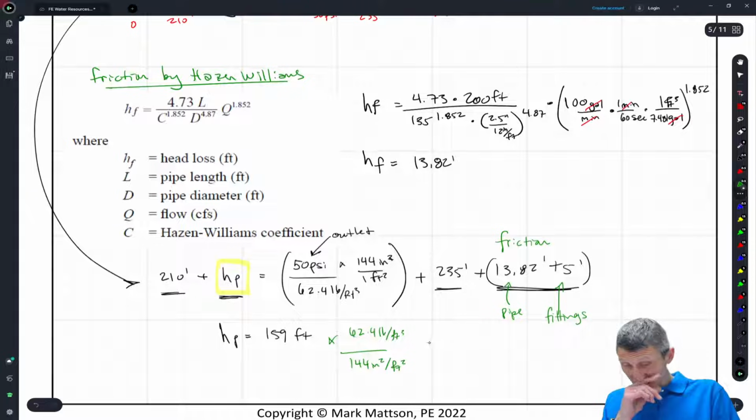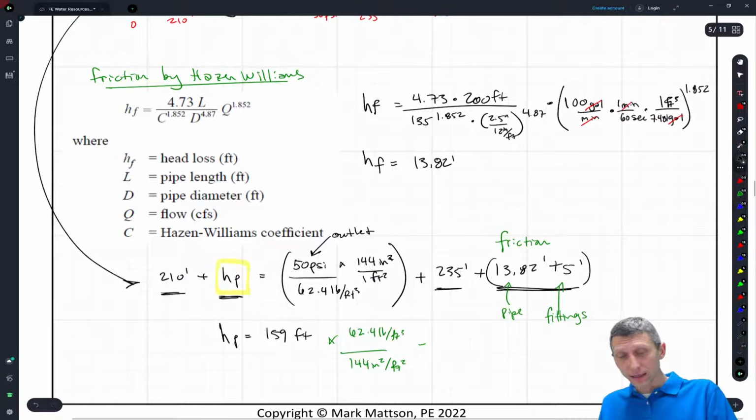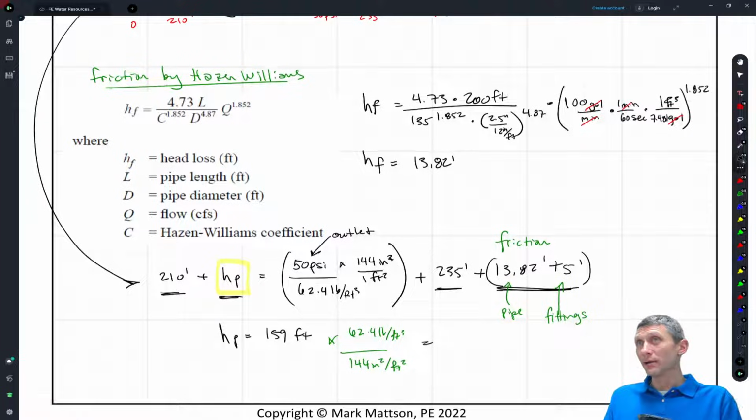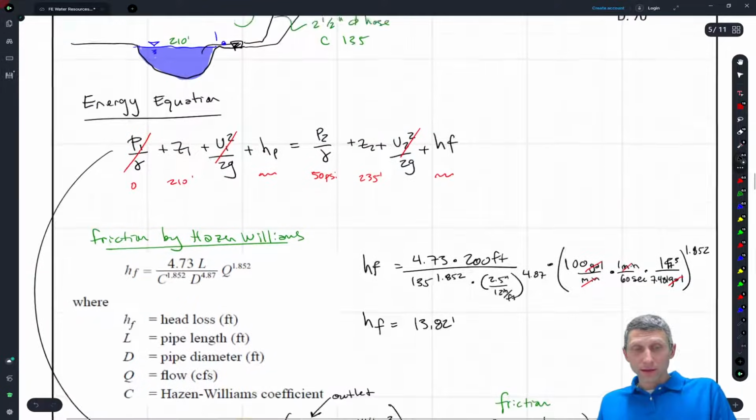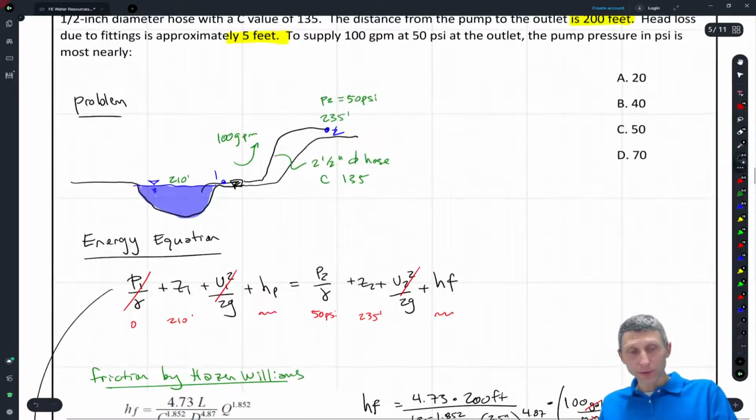And what we'll end up with is a pressure in pounds per square inch. I believe when we do that out, we get 159 times 62.4 divided by 144, which is about 69 psi, 68.9 psi, which is going to be most nearly 70.